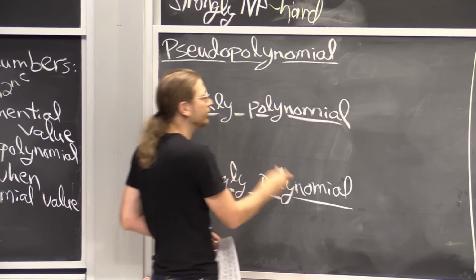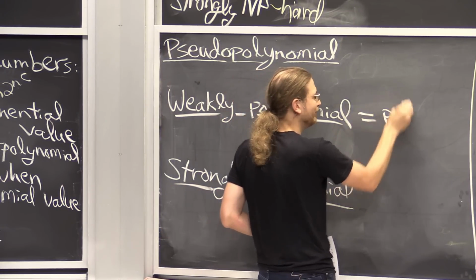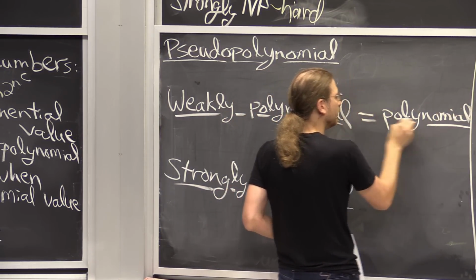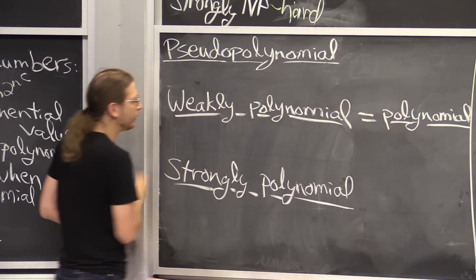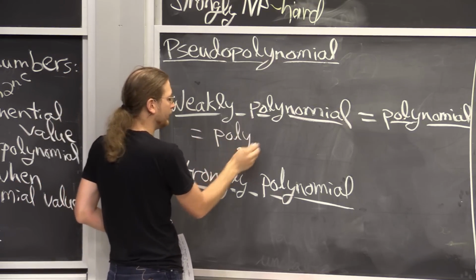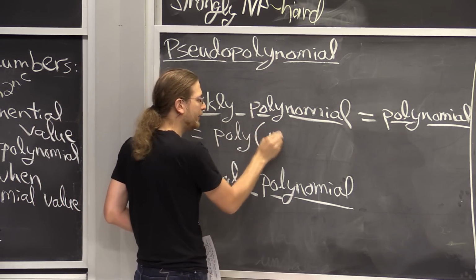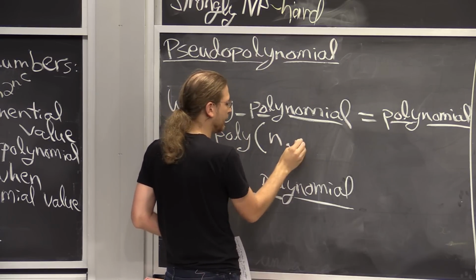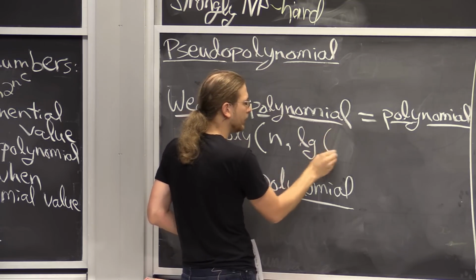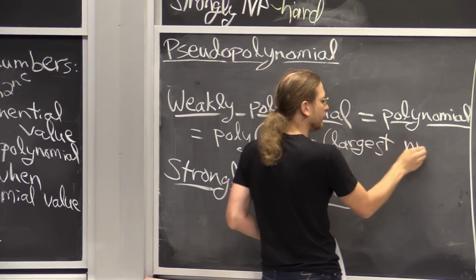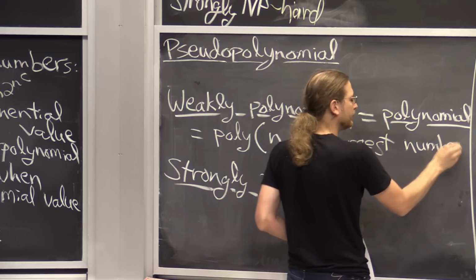Okay. So weakly polynomial is the usual notion of polynomial, I should mention. When I say I have a polynomial time algorithm, what you mean is weakly, meaning that, let's say, I'll write it as polynomial in n, the number of integers, and let's say log of the largest integer, the largest number in the input.